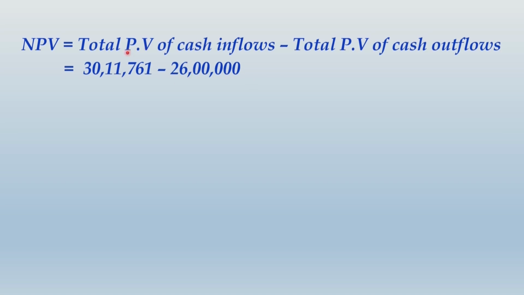I repeat, this is the present value of money that comes into your pocket, and this is the present value of money that goes out of your pocket. This is the present value of money that you will receive, and this is the present value of money that you will have to pay, and that is why the difference between these two is considered as net present value.